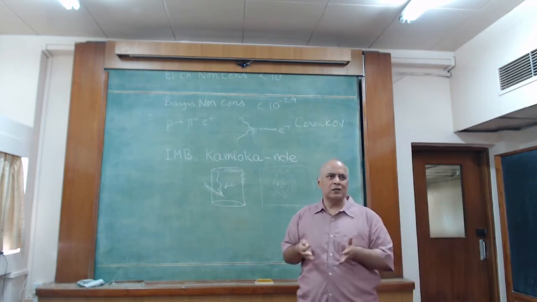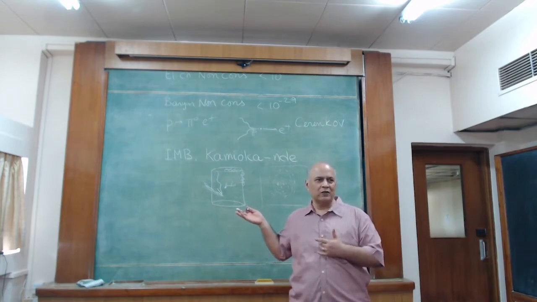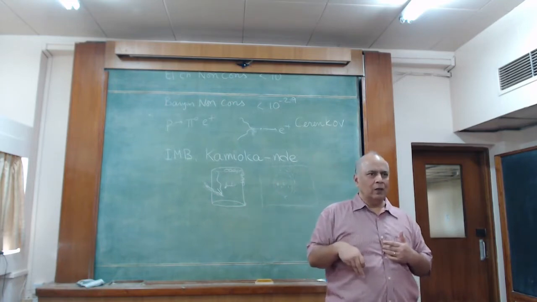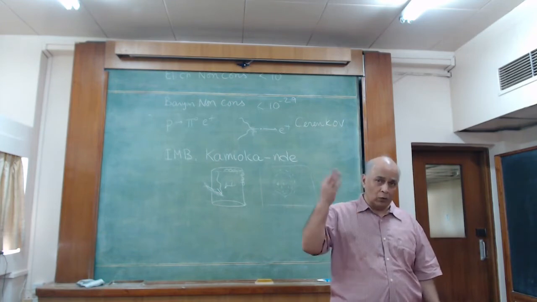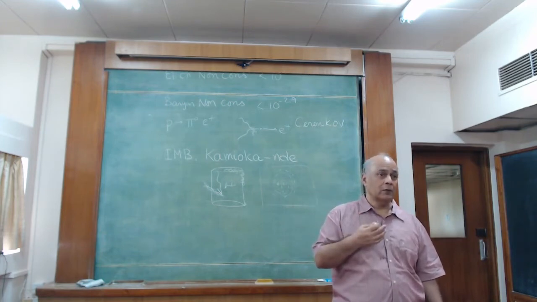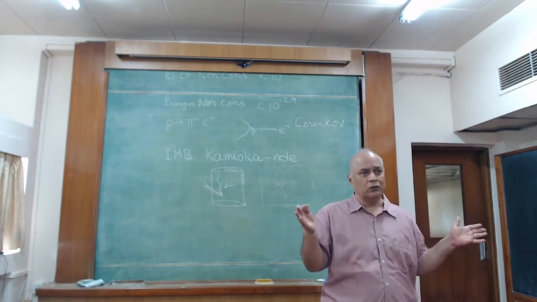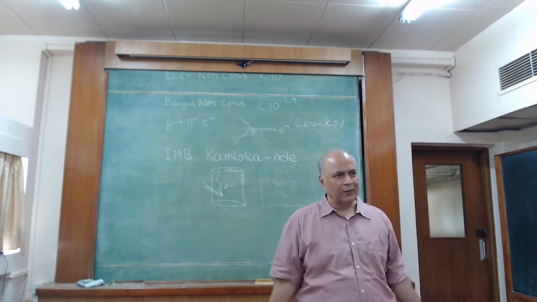The pion mass is 135 MeV, energy here is 470, so the gamma factor is 470 divided by 135, it's more than 3.5. So the opening angle between the two photons, it's not very small, but it's not very large either.